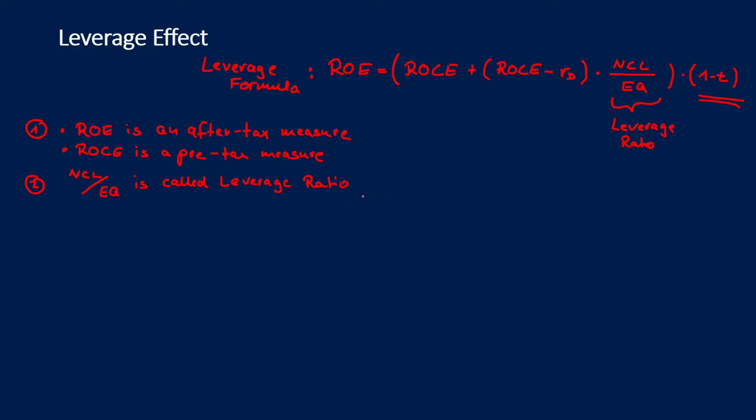It is closely related to the debt ratio, but it has to be interpreted as a kind of multiplier, how often the amount of debt exceeds the amount of equity. So it's like a multiplier of debt over equity.